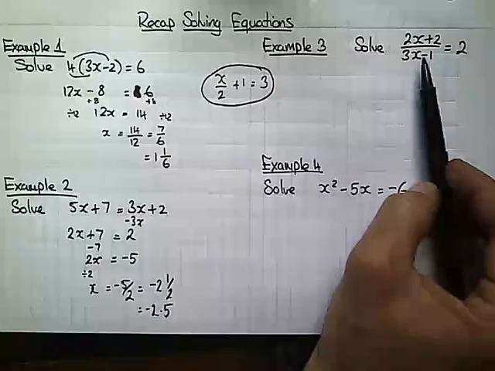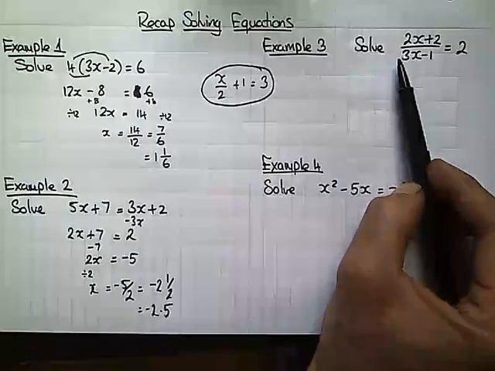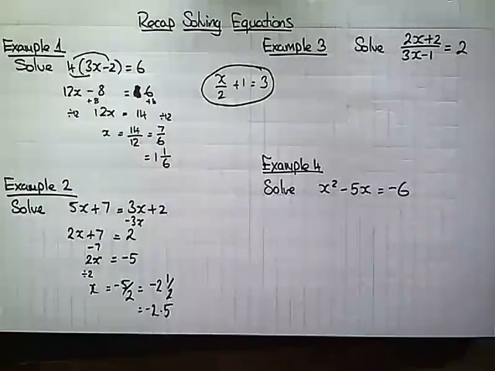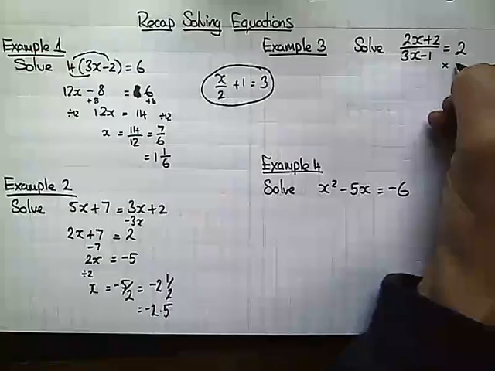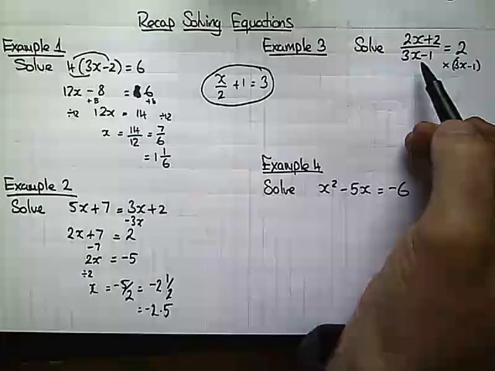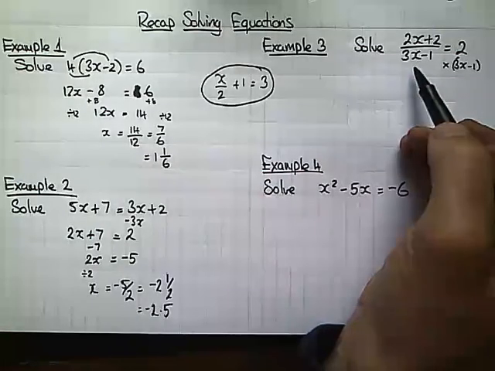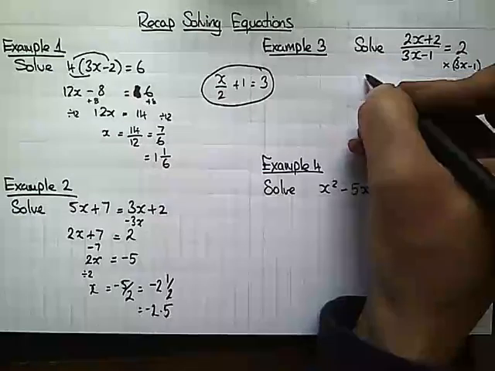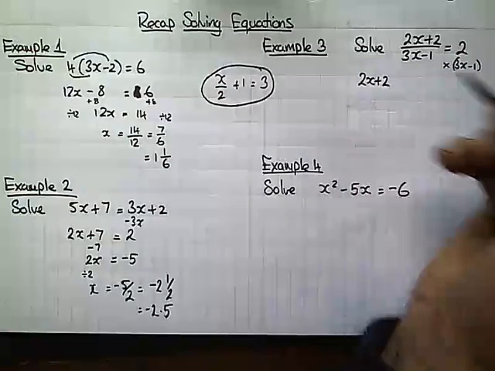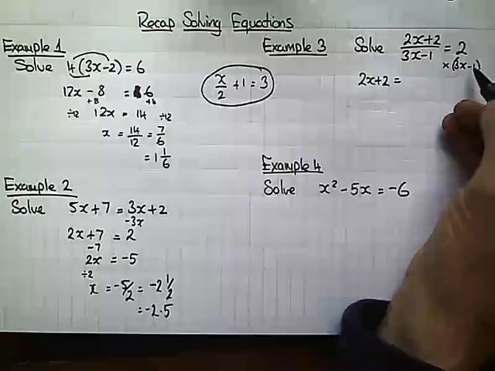So I can undo this divide by 3x minus 1 by timesing both sides by 3x minus 1. Okay, that will undo this divide by 3x minus 1. So then all I'll be left with on the left-hand side will be 2x plus 2. But then on the right-hand side, I will have two lots of 3x minus 1.